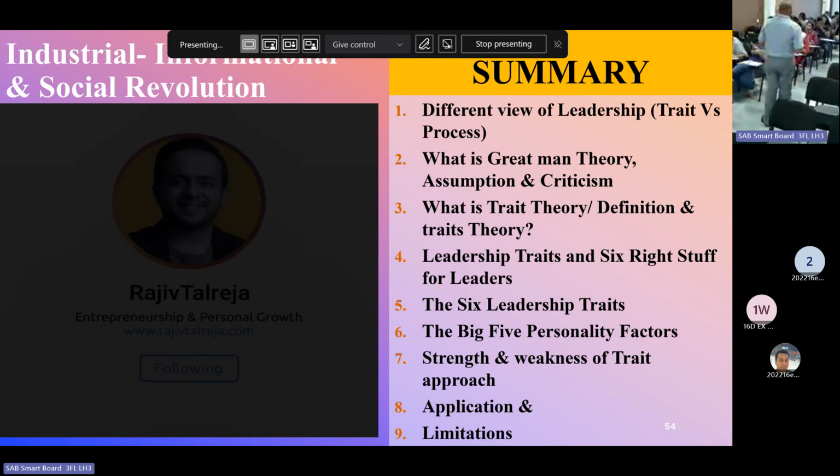Briefly explain the components. What are the components? I will go back to the slide quickly. Self-awareness, empathy, motivation.